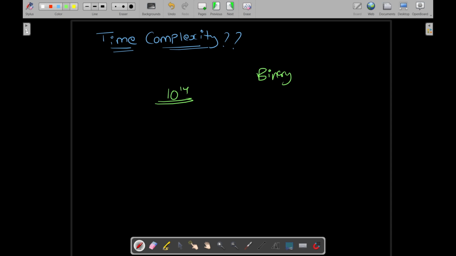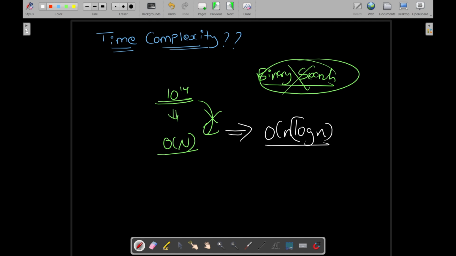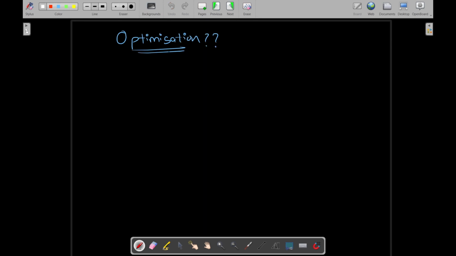Not try, but just think binary search is the approach for the problem. As you can see, O of n is 10 raised to 14, we can't apply this. Then what is the alternate time complexity that we should try? It is obviously n log n. Now for log n, what will you try? Obviously, binary search is the only option to apply right now. So let us think of binary search for optimization.